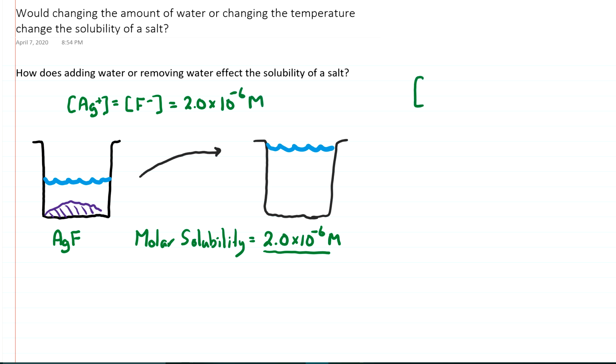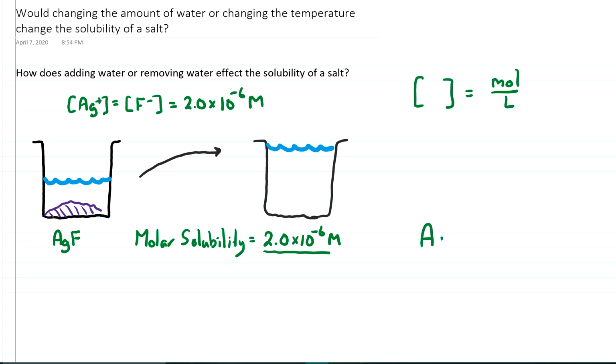Now the definition of concentration, at least in molarity, is the number of moles per liter. So you're not really changing the number of moles initially, but if you were to add more liquid, the volume would go up, which would lower the concentration of the ions.